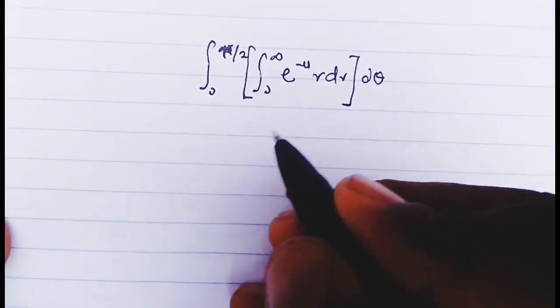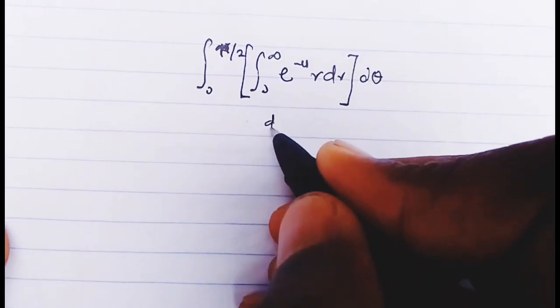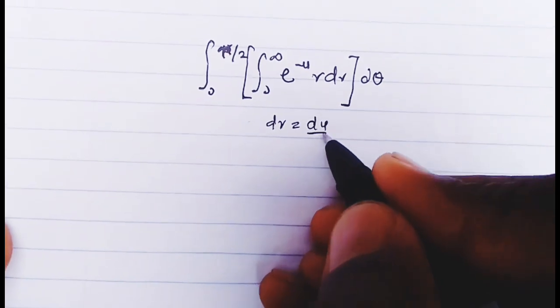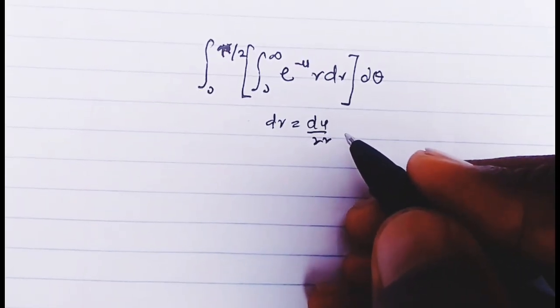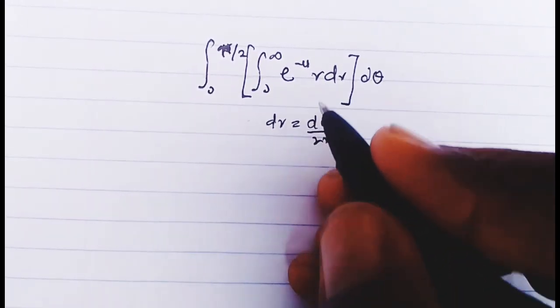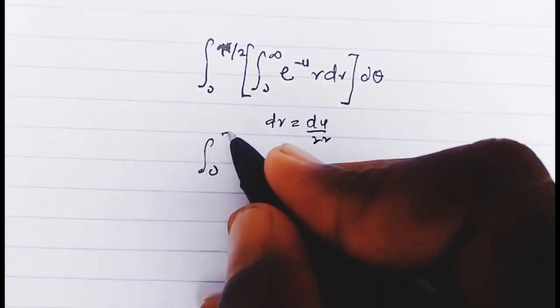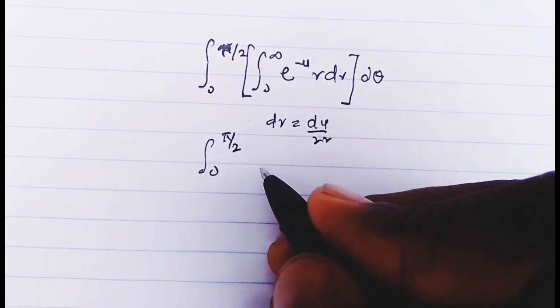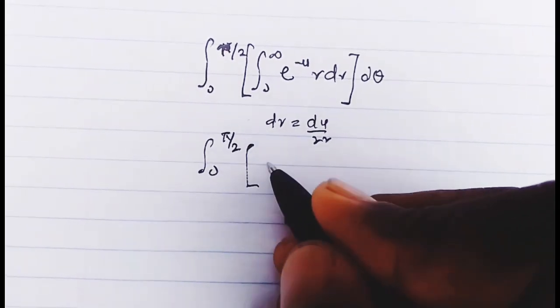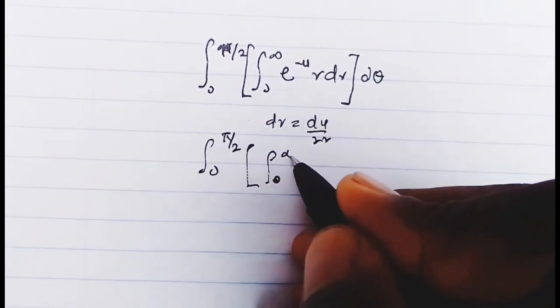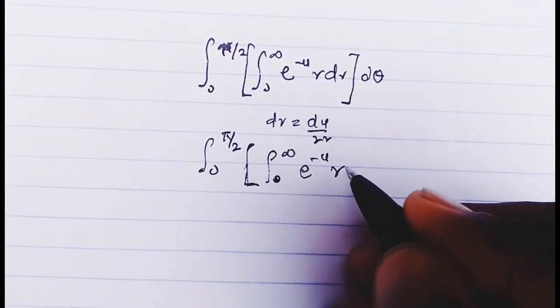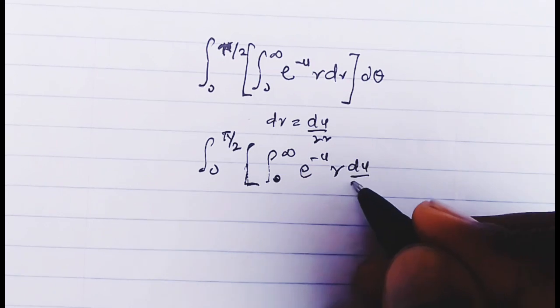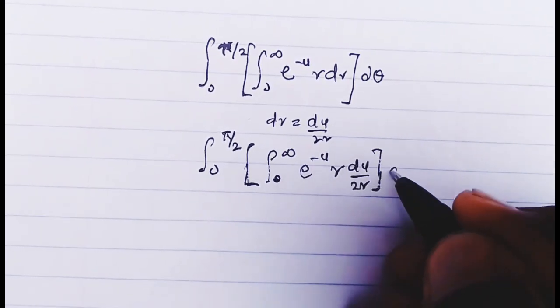Since we said dr is equal to du over 2r, we substitute it here. We have the integral from 0 to pi over 2, the integral from 0 to infinity of exponential minus u, times du over 2r, then d theta.